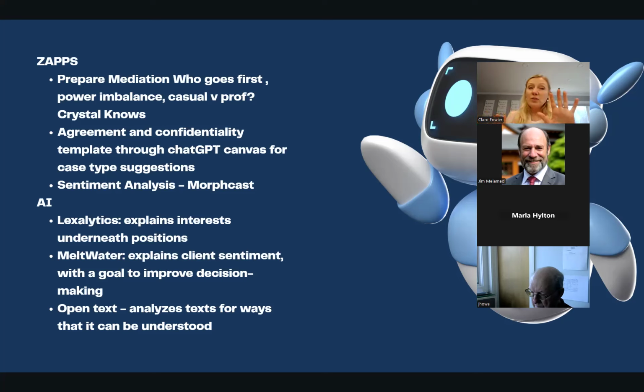And you can use it to create a template for your agreement to mediate or confidentiality agreement. I would ask ChatGPT to create this, and then I would say, analyze this with Canvas. And you can say things like, make this more professional, make sure this is relevant for a divorce mediation case. Make sure that people are not using recording software and add language like that.